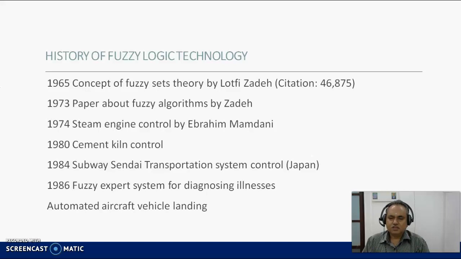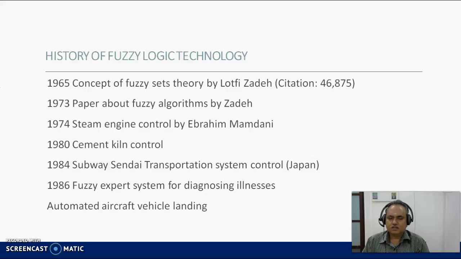From 1980, cement kiln controls are widely used in cement plants based on fuzzy logic. Today, almost all modern plant controllers work based on fuzzy logic only. The best example for application of fuzzy logic systems is subways and air transportation systems.